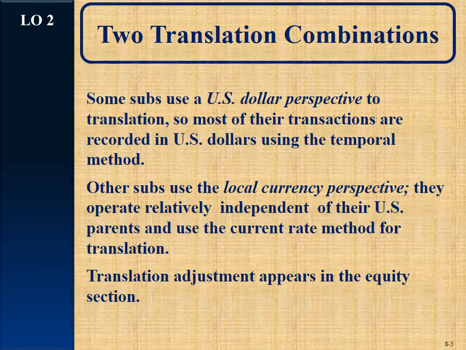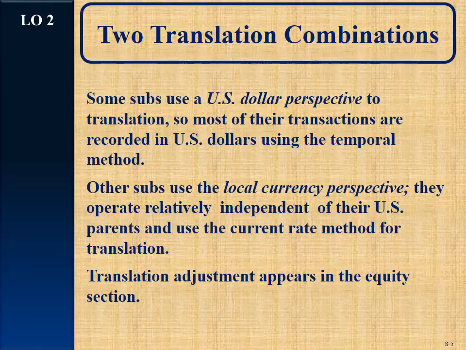If a subsidiary uses a US dollar perspective to translation, so most of their transactions are already recorded in US dollars, they use the temporal method. If the subsidiary has more of a local currency perspective, so they operate independent of their US parents, they'll use the current rate method.